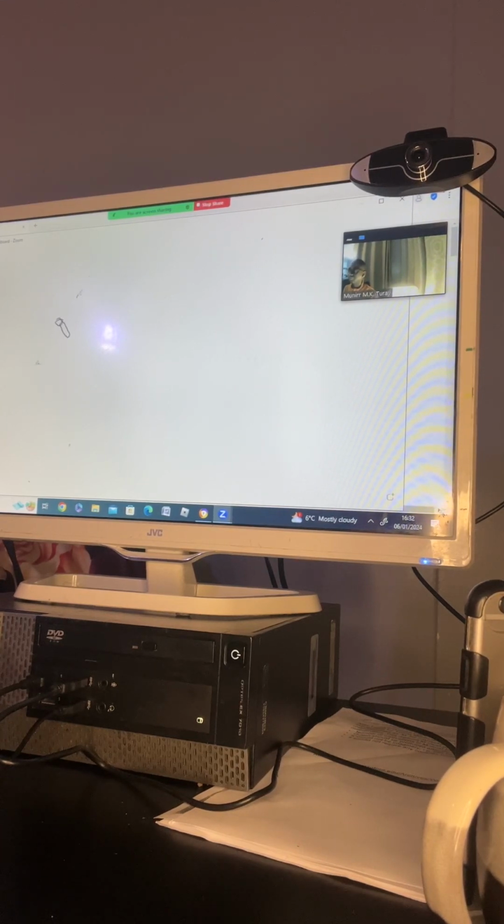Quadratic equations, yeah? The pen here. Quadratic equations.